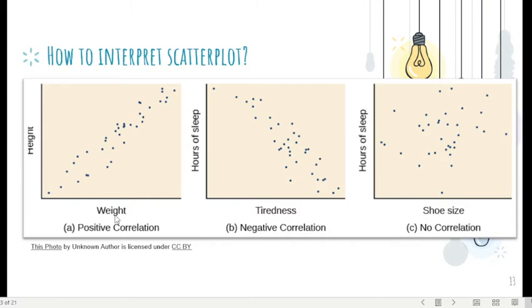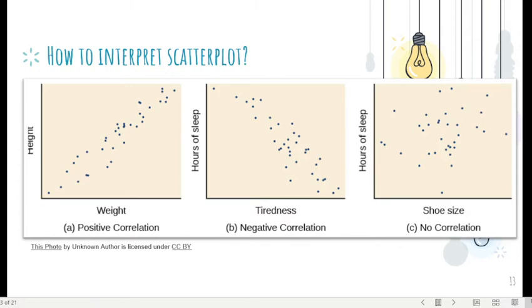Now, if you will notice, after graphing the x and y values, or the independent and dependent variables, for our scatter plot, we notice a pattern. For the first image, the pattern is going up from left to right.